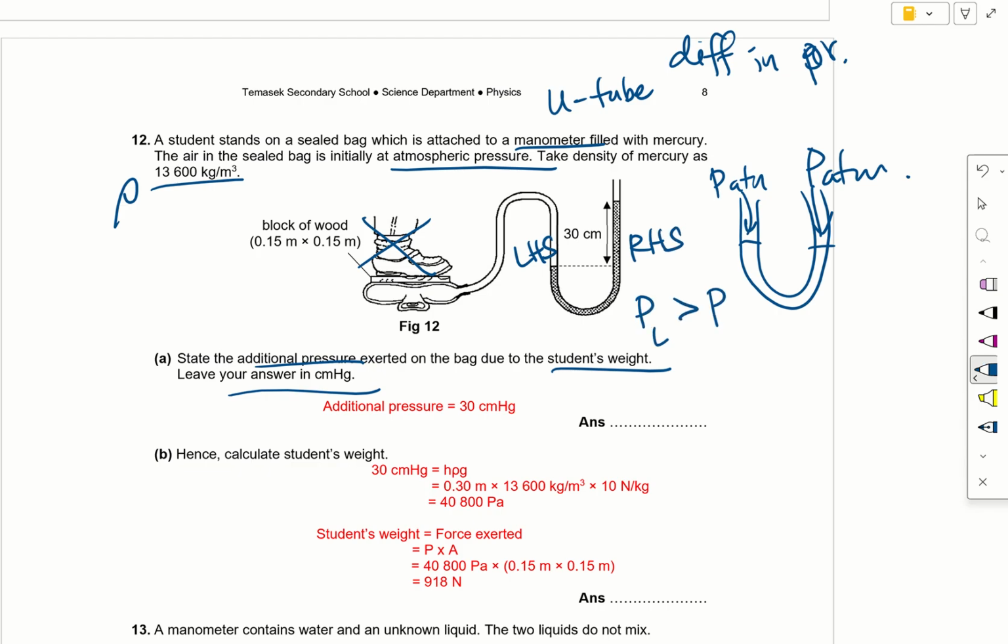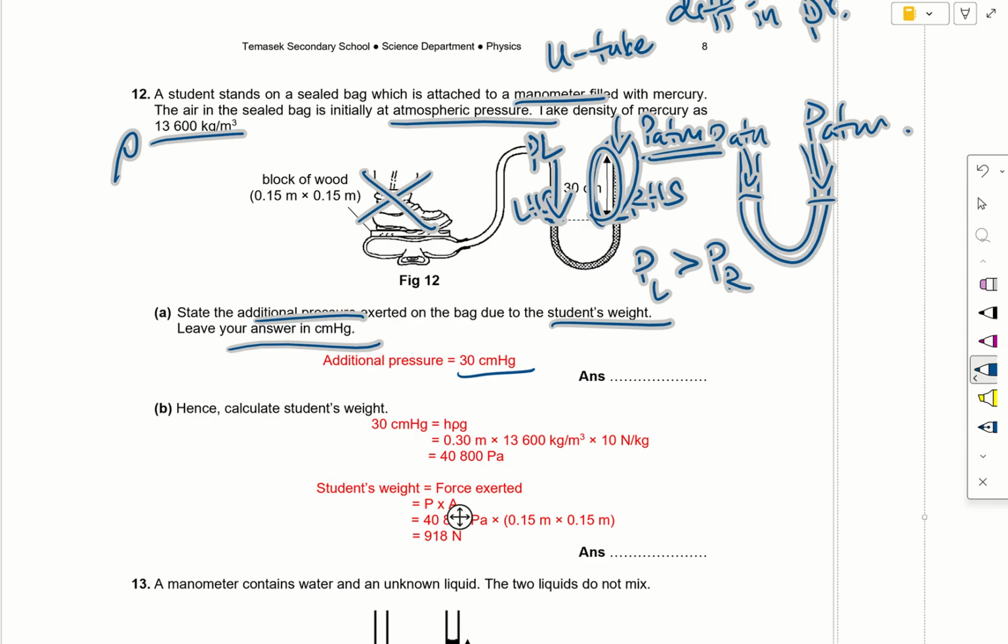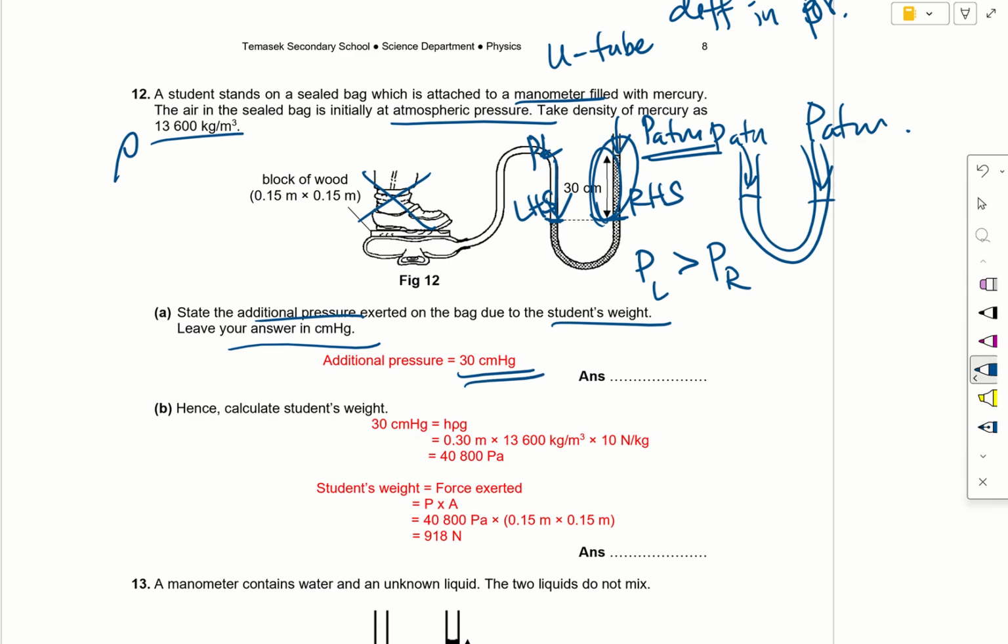That is why this amount of liquid rises up. Or you can say same liquid, same level, same pressure. Over here is P atm, so the pressure at the left hand side is equal to P atm plus this height of liquid. So the additional pressure is 30 cmHg.